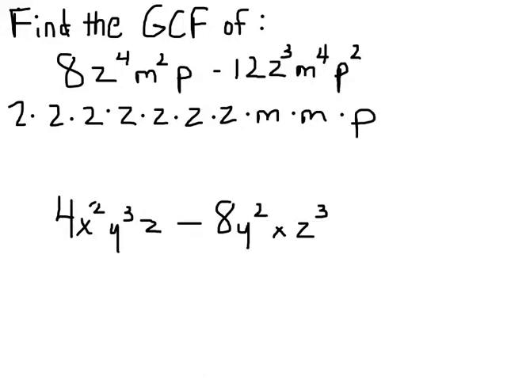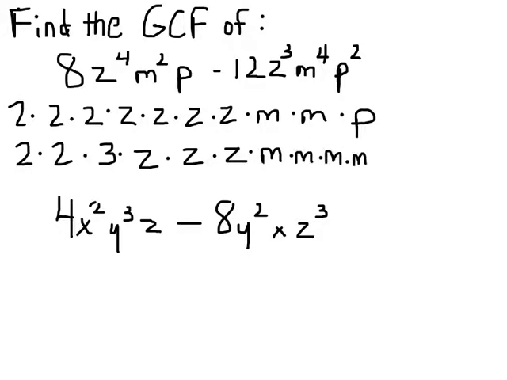And then 12 would be 6 times 2, so that'd be 2 times 2 times 3, and then 3 z's, 4 m's, and 2 p's.